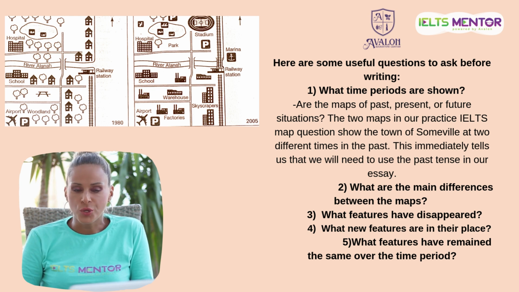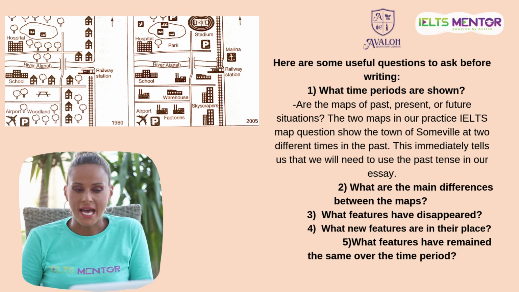What we need to do is to ask ourselves a few questions. What time periods are shown? Clearly, the 2 maps in our Practice IELTS map question show the town of Somerville at 2 different times in the past. This is very important because it immediately tells us that we will need to use the past tense in our report.